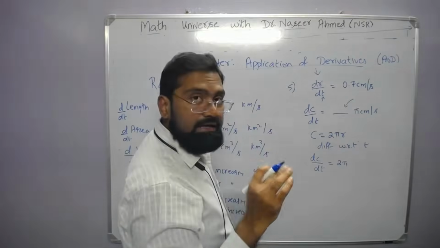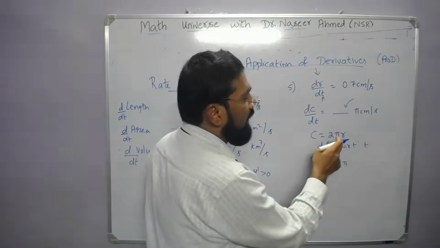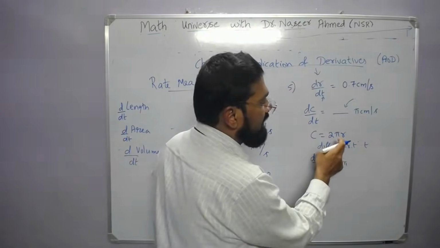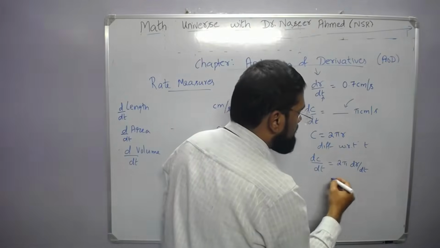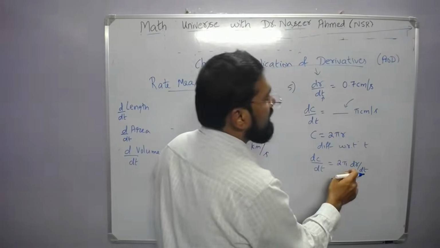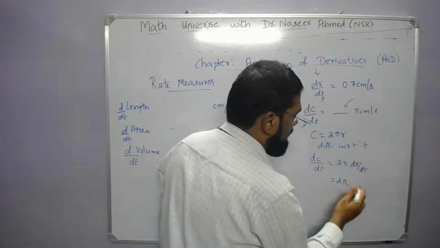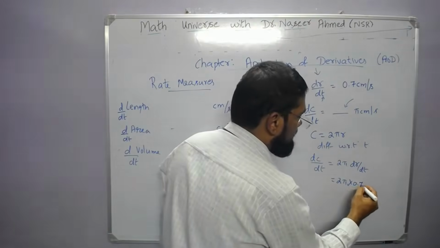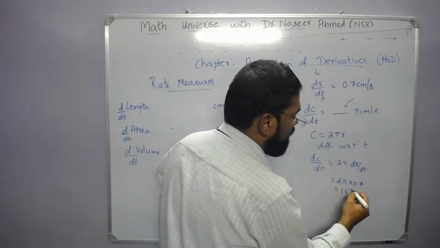The derivative of C with respect to t will be dC by dt, and 2 pi is a constant, keep as it is. The derivative of r will be dr by dt. So 2 pi as it is, then dr by dt is 0.7. Let us write properly: into 0.7. So 2 into 0.7 will be 1.4 pi.